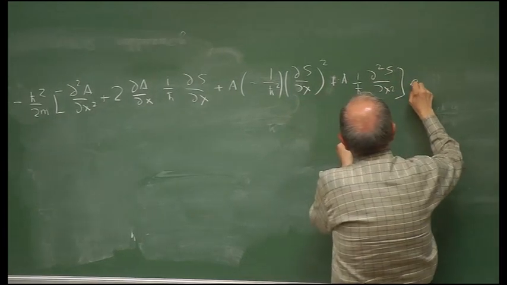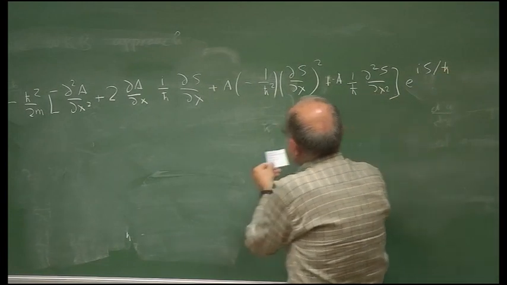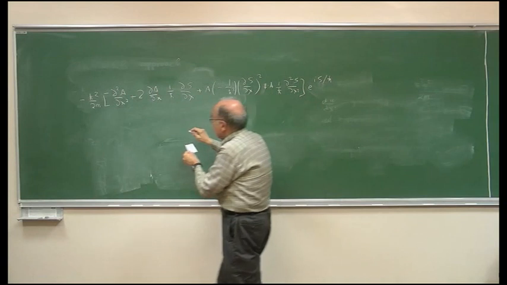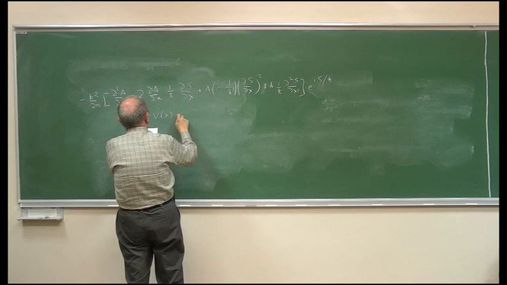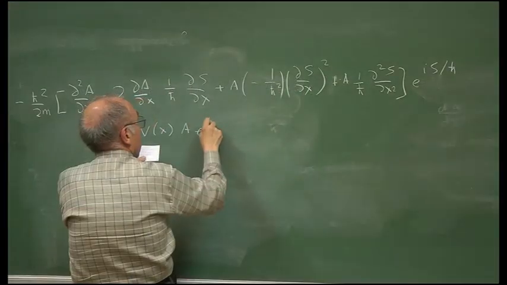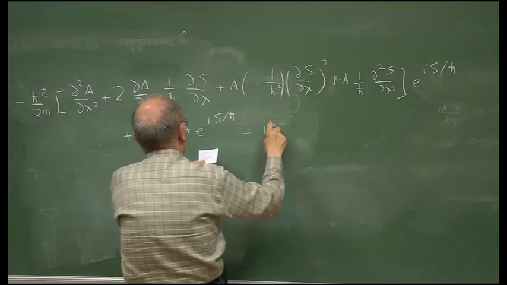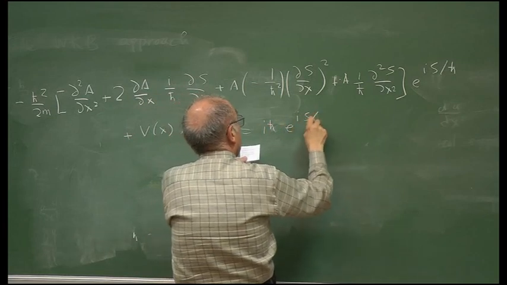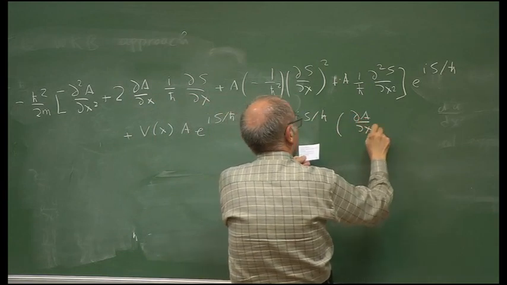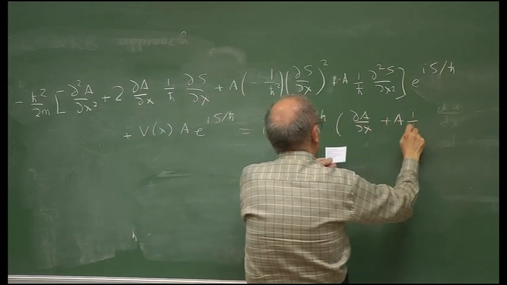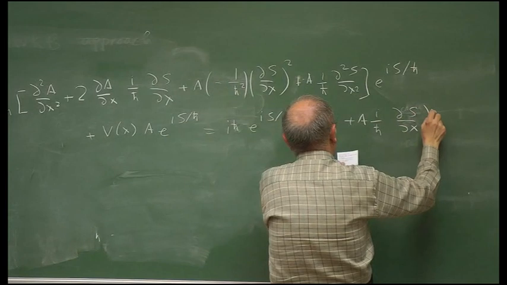All of this is multiplied by e to the iS over h-bar common factor, plus like this.